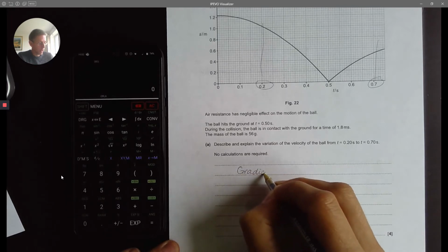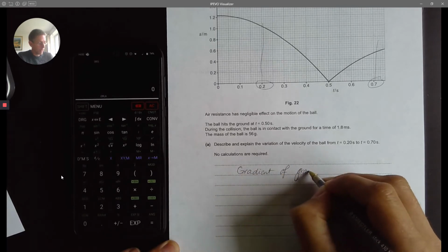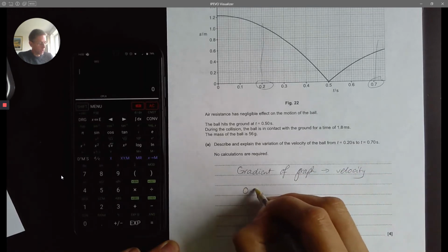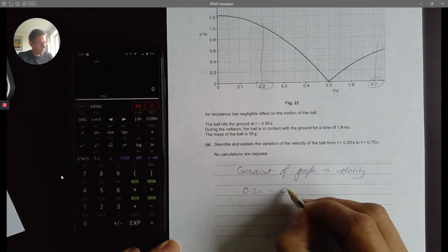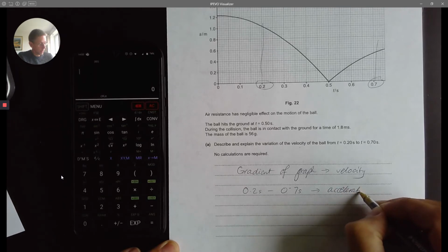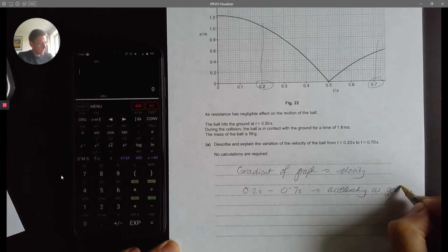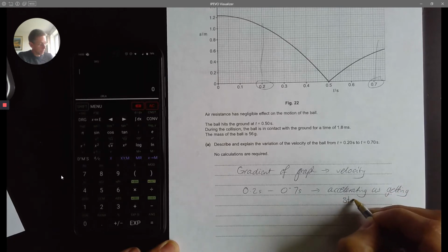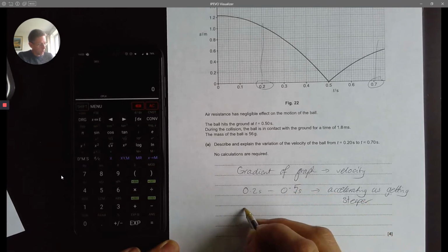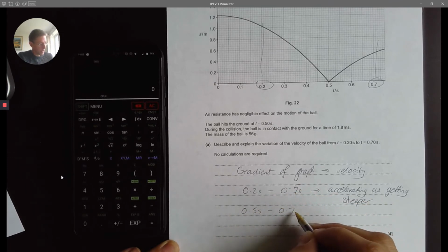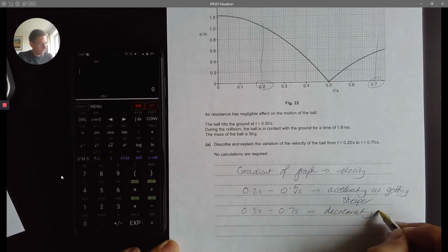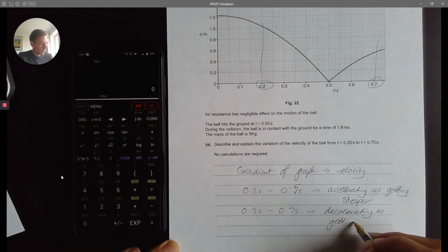So, gradient of the graph indicates the velocity. 0.2 seconds through to 0.5 seconds it's accelerating as it's getting steeper. 0.5 seconds through to 0.7 seconds it's decelerating as it's getting shallower.